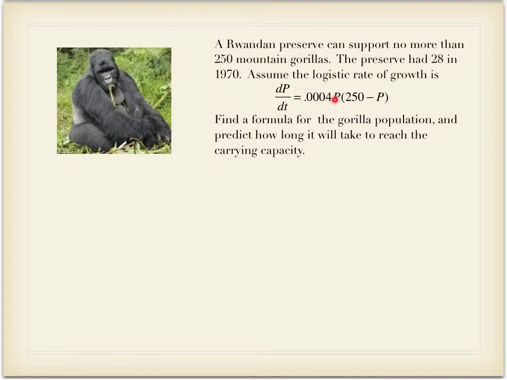Now right here, if you look on your last slide, this was actually K over M. So if I know that this 0.0004 is K over M, and I know that the M value, which I can tell from the other part of that equation, is 250, I should be able to just multiply 250 times that 0.0004. Sure enough, I do get that K is 0.1.